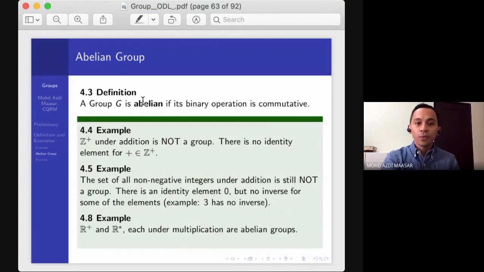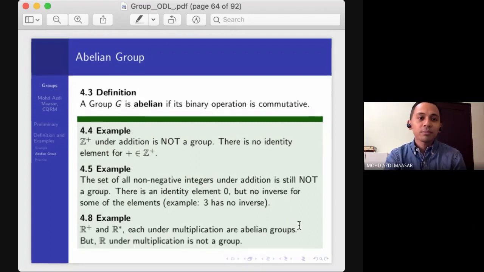For axiom 3, we know that for each positive real number a, we will have an inverse 1 over a, which is again in the positive real number set, such that a multiplied by 1 over a gives us 1, the multiplicative identity. The same reasons hold for axiom 3 for the set of non-zero real numbers R star.